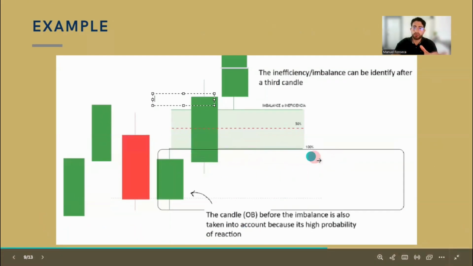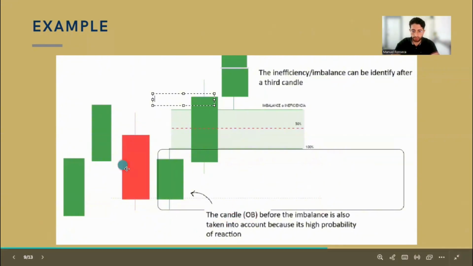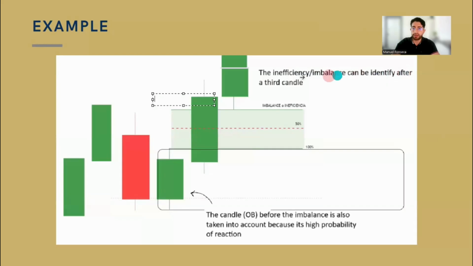Okay, this is how we recognize an imbalance. First of all, the order block candle before the imbalance is also taken into account because it's a high probability of reaction. We already know that. And the inefficiency or the imbalance can be identified after the third candle. What does it mean? Look, we have this, which is the order block, very easy to identify. I'm pretty sure you can identify an order block, which is this.